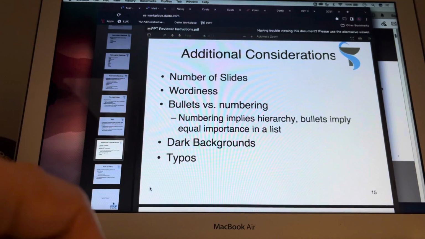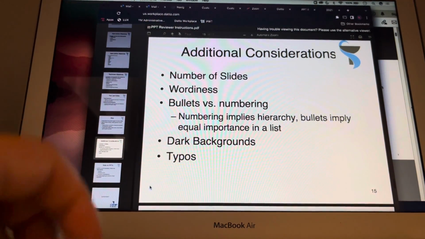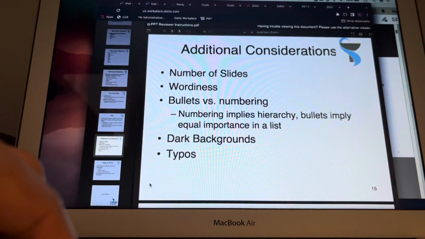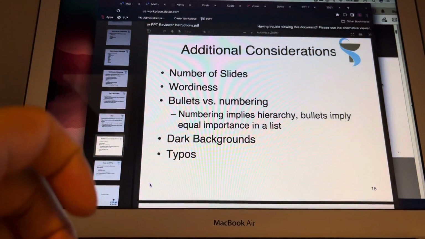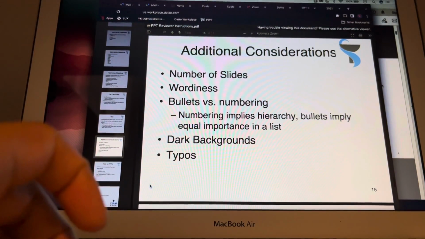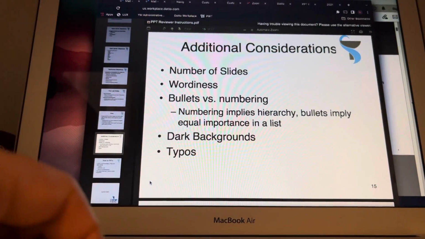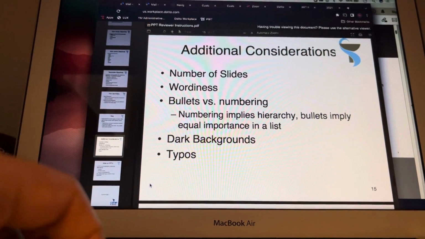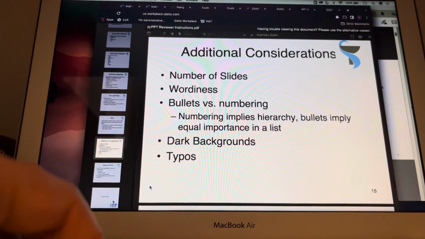You also want to make sure that the presenter's slides are not too wordy. Wordiness can lose the audience's focus as well as attention on the topic at hand. Bullets versus numbering. Numbering implies hierarchy, whereas bullets imply equal importance in a list.